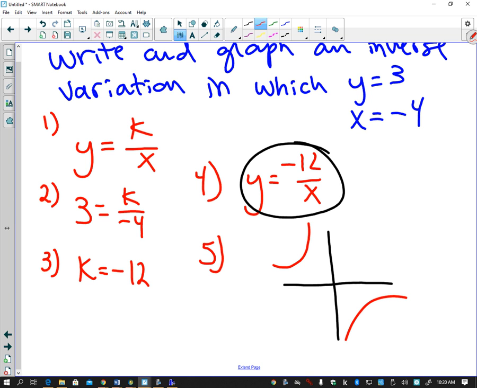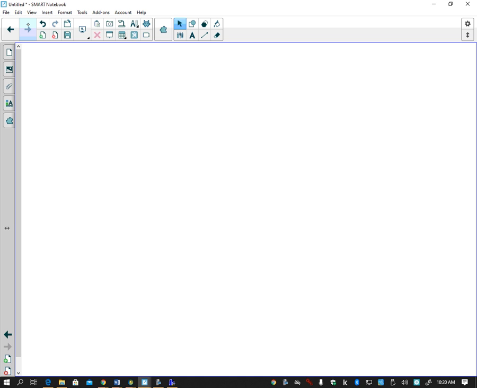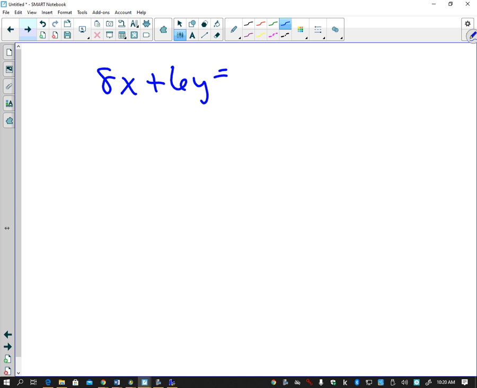Do you guys know how to take something that looks like, let's see. You need to be able to convert that to slope-intercept form and then graph it. Can you guys do that? Does anybody need to see that done? Okay.